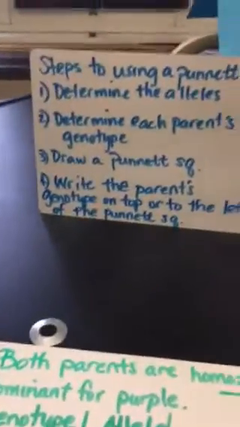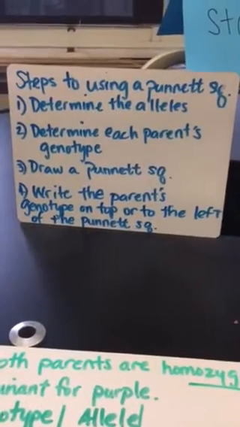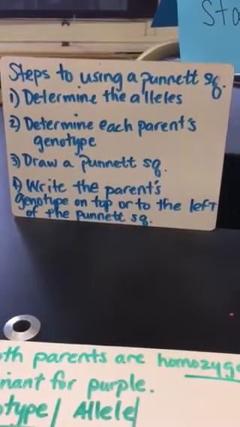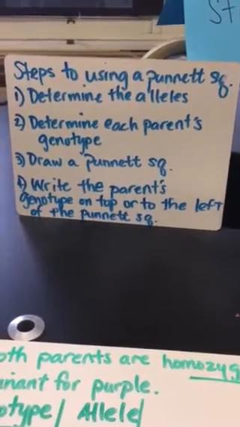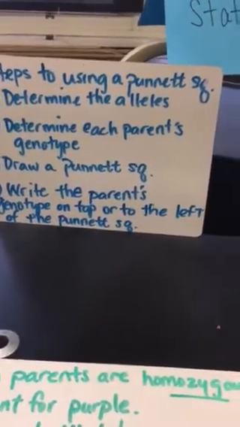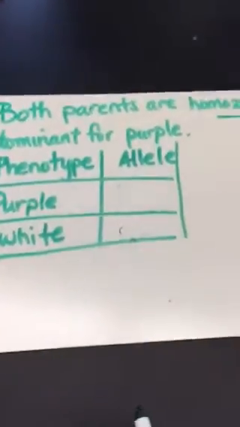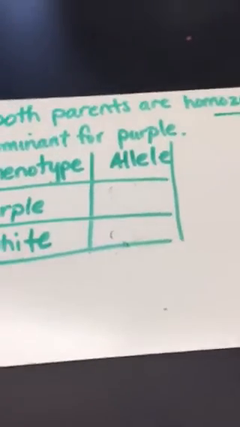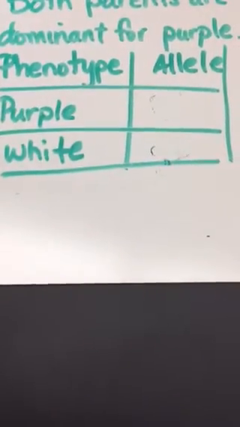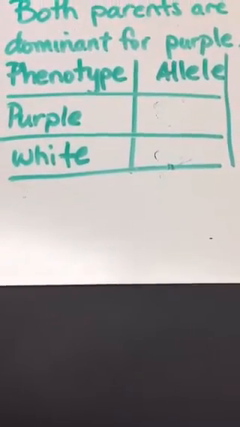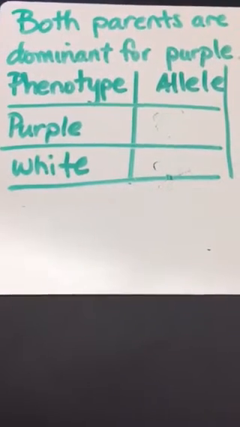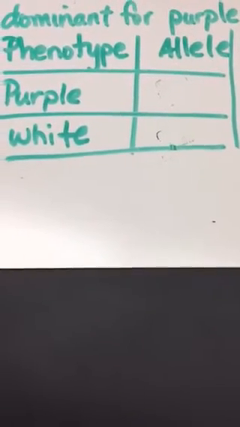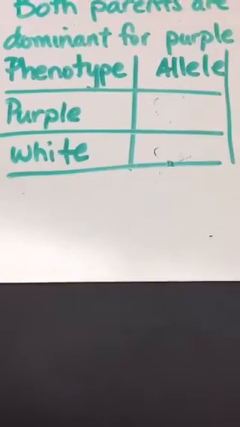So the first thing that we have to do with a Punnett square is to determine the alleles. And remember, alleles are the genotype, the letters that we use to determine a trait or a phenotype. So here's what we have. In his first experiment, we saw purple flowers were dominant to white flowers. So I have here the table.